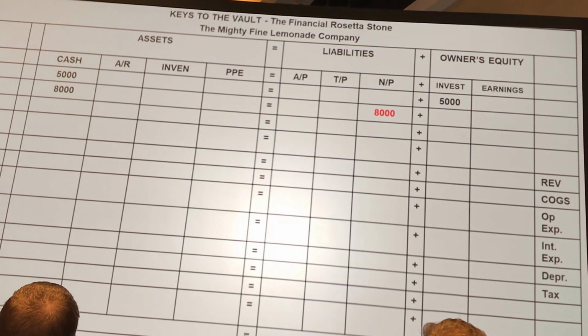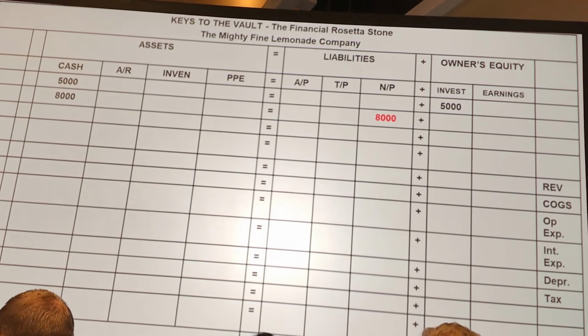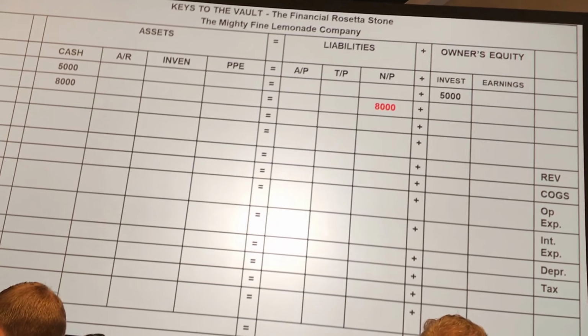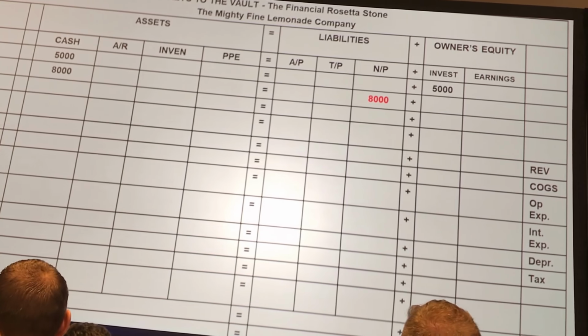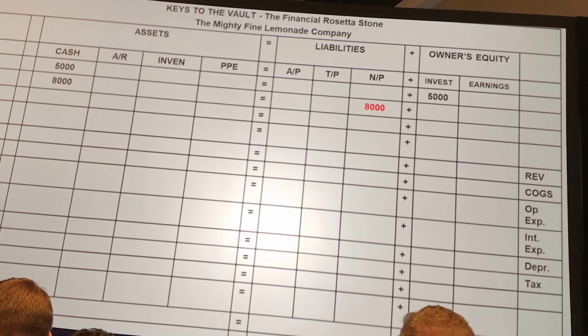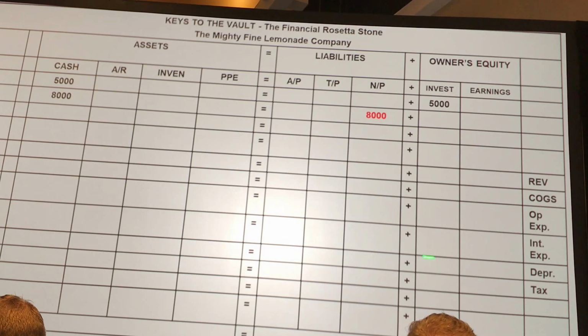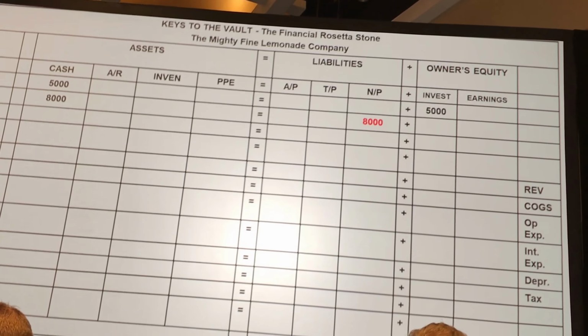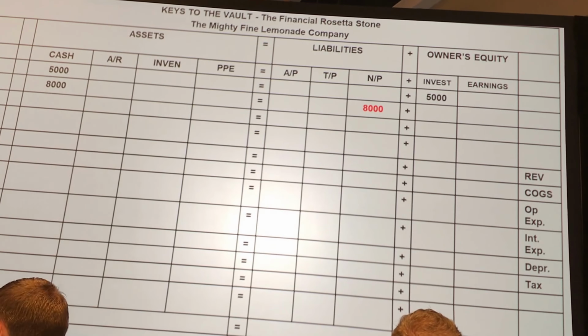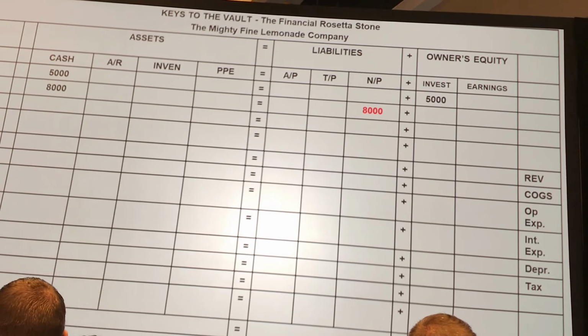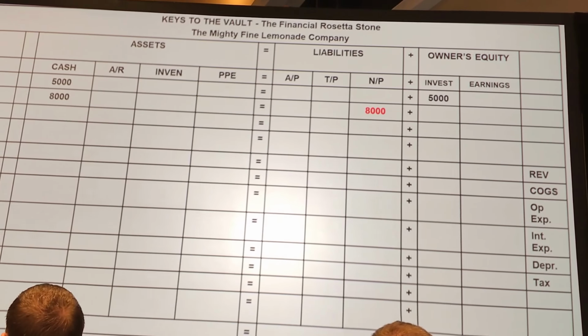Do you see a column on this page called earnings? Yeah. Good. I want you to record on the interest line that you used 800 of your cash, and your earnings just went down by 800 because interest is an expense and expenses reduce earnings.